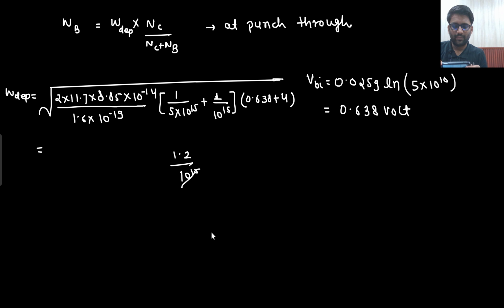So 2 into 11.7 into 8.85 into 1.2 into 4.638 divided by 1.6, 26.83. 26.83. अरे भाई ये हो क्या रहा है यार, 26.83 इतना सेंटीमीटर थोड़ी ना आएगा, इतना तो नहीं हो सकता। This must be centimeter, this is coming in centimeter.